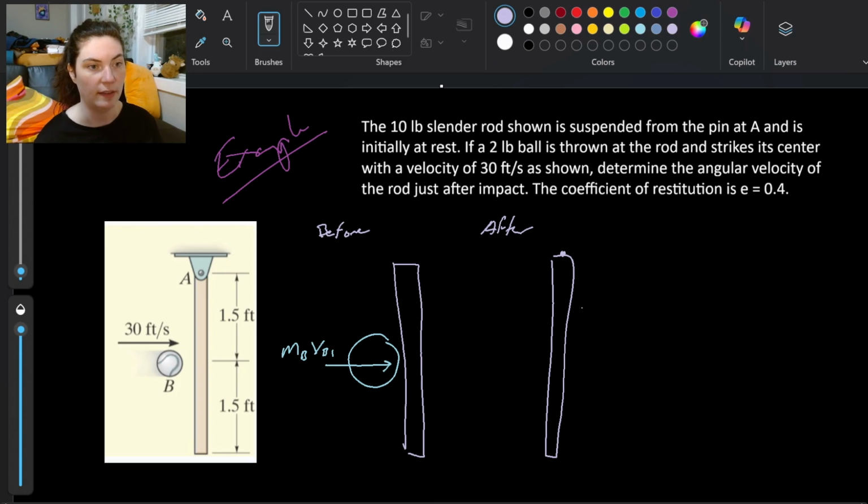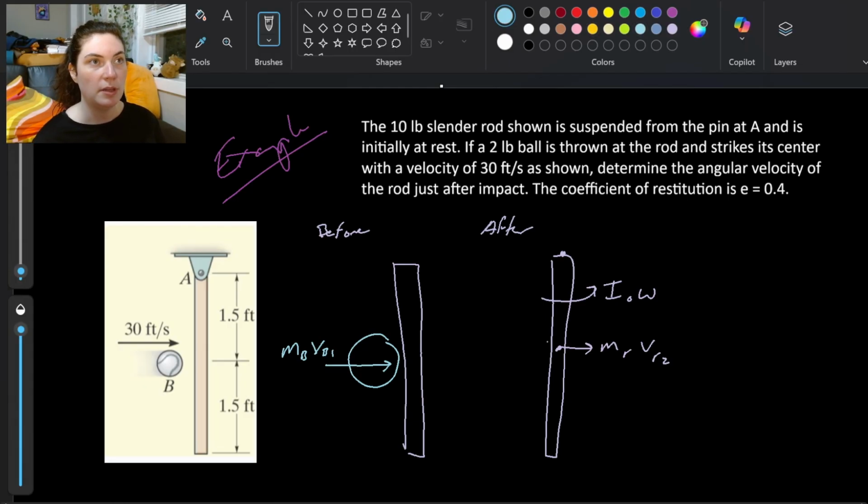It's rotating around that fixed axis. So we've got that rotation about a fixed axis, I_O omega, and the rod has a velocity, the mass of the rod times the velocity of the rod. We'll say velocity of the rod 2 for the final velocity of that rod there.